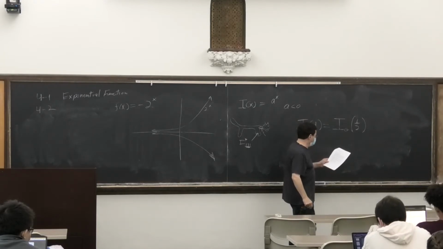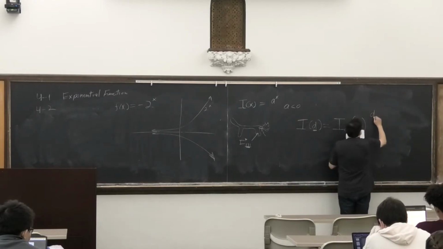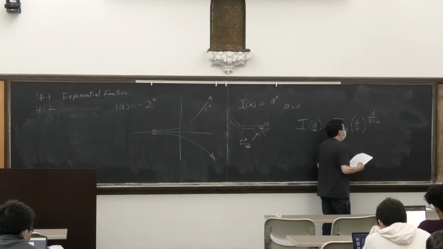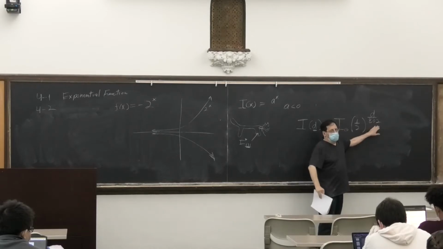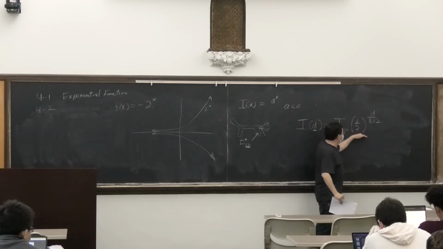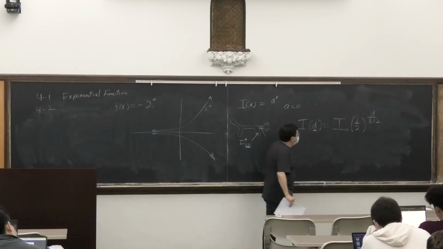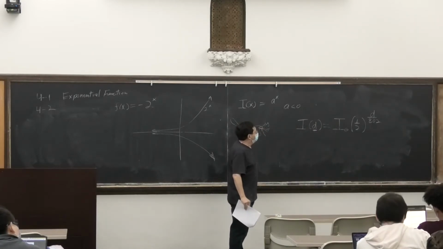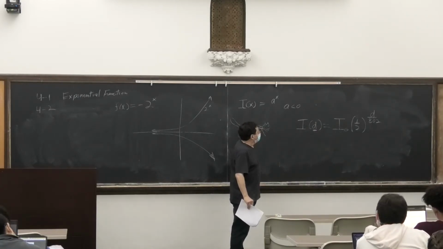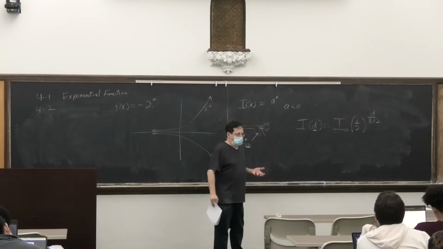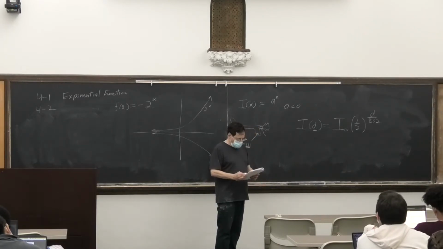Radioactive substances have a half-life: the exponent is d over 8.02. So the half-life is 8.02 days. Every 8.02 days there's half the amount. I'm trying to make this real here.